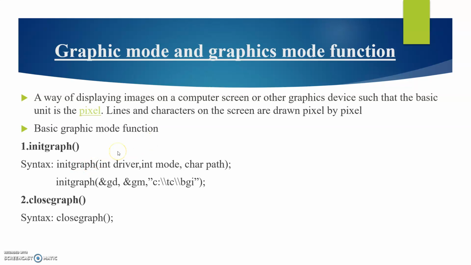The initgraph function is used to change your text mode into graphics mode to draw images.